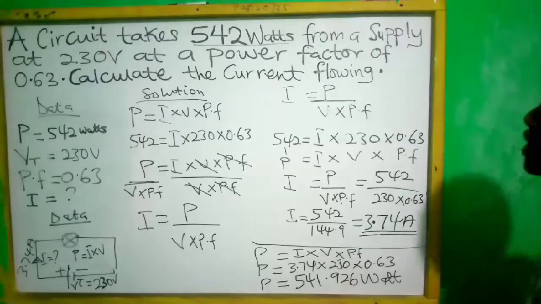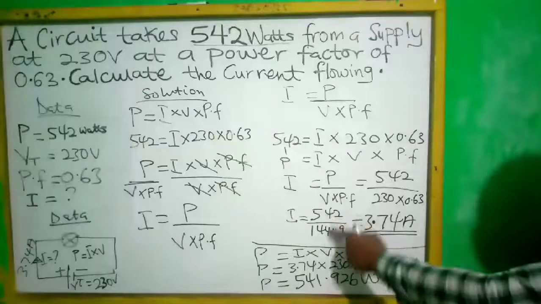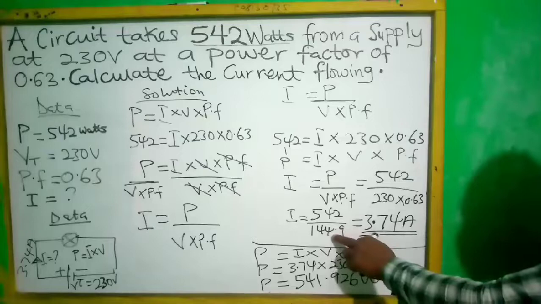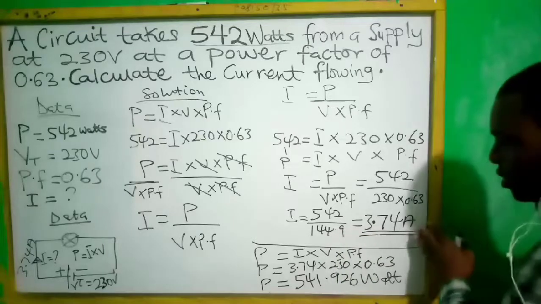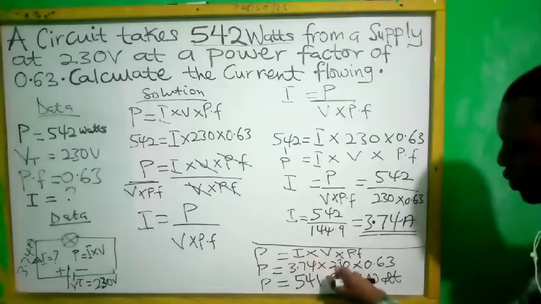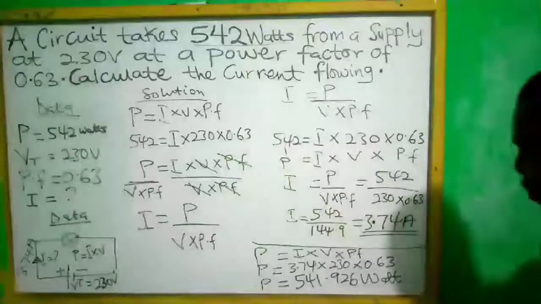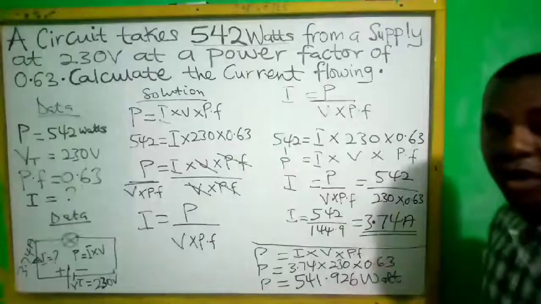541.926 is approximately 542. But when you come here, 542 divided by 144.9, you get a long number. When you use that long number and multiply by the voltage and the power factor, you see that you get exactly 542. You can try your hands on that.